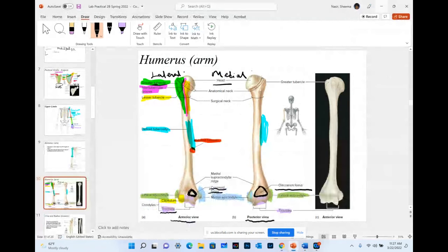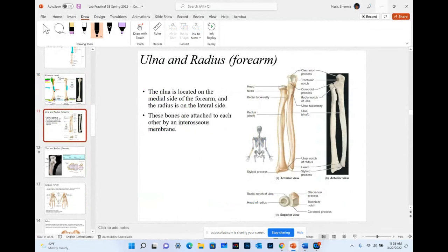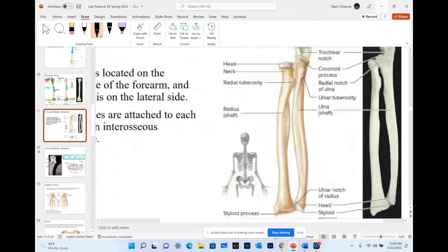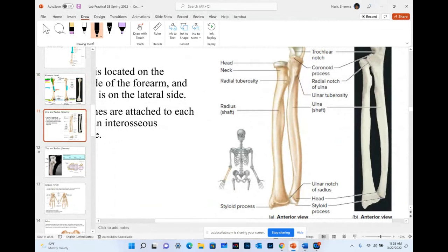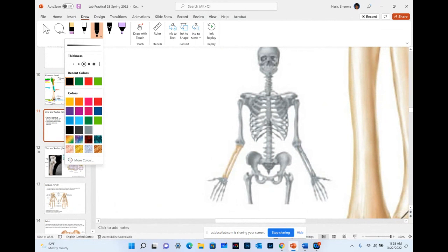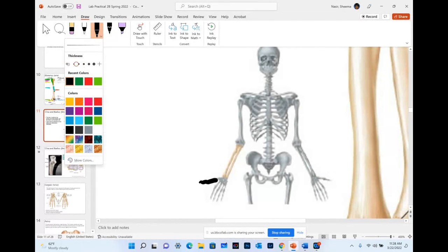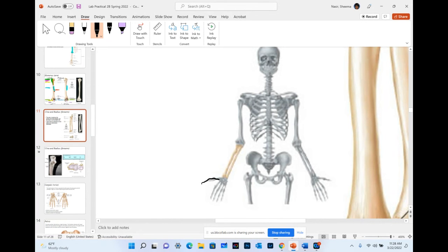Now radius is the bone which is behind the thumb. So that means in this skeleton, this is your thumb.